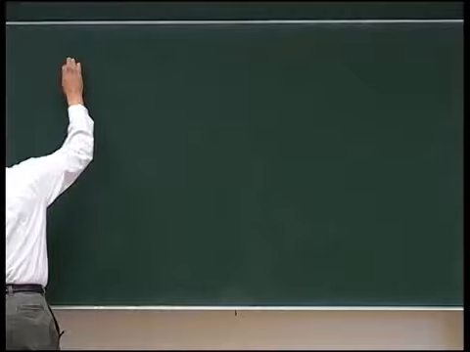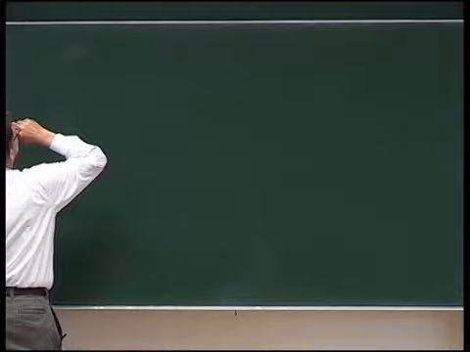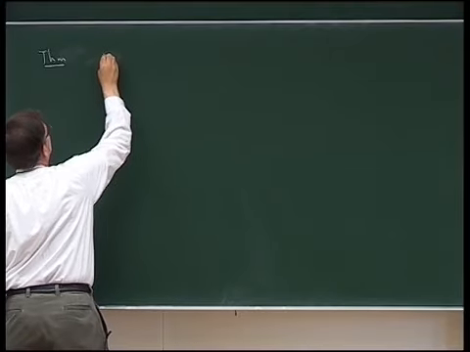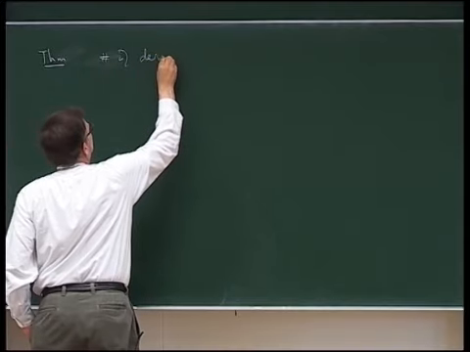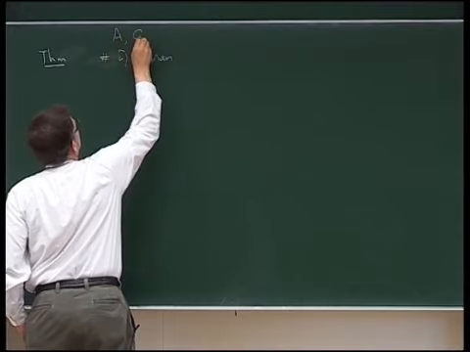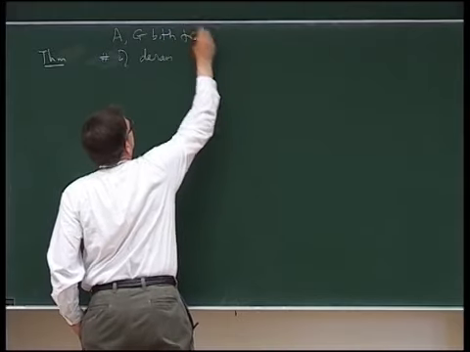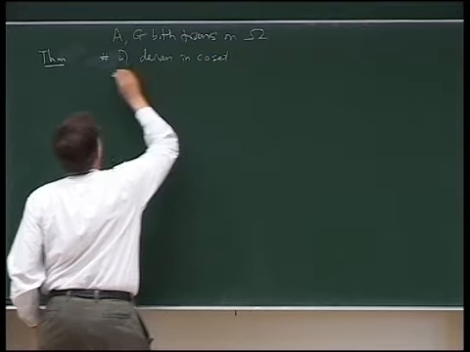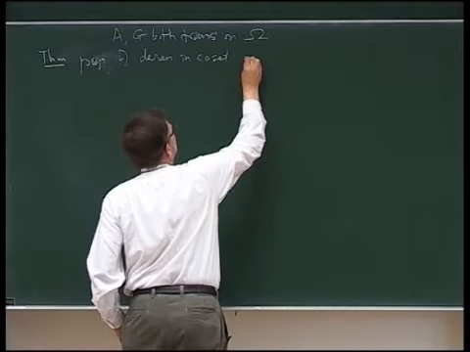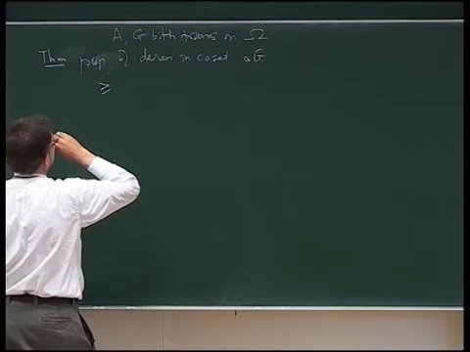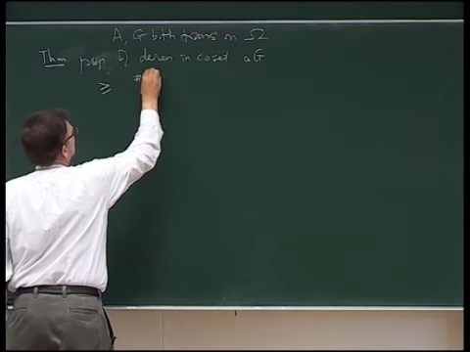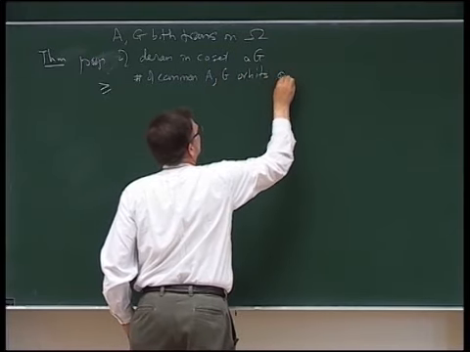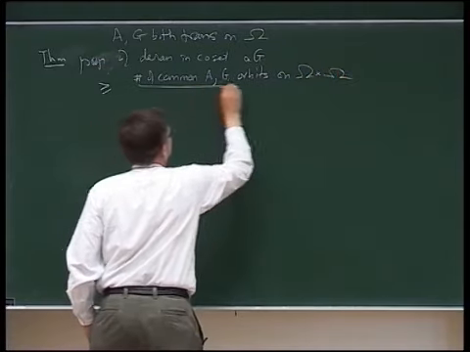So now the theorem is that, if we have A and G both transitive in that same setup on omega, the proportion of derangements in the coset AG is bigger than or equal to the number of common orbits on omega cross omega, minus 1, divided by n.